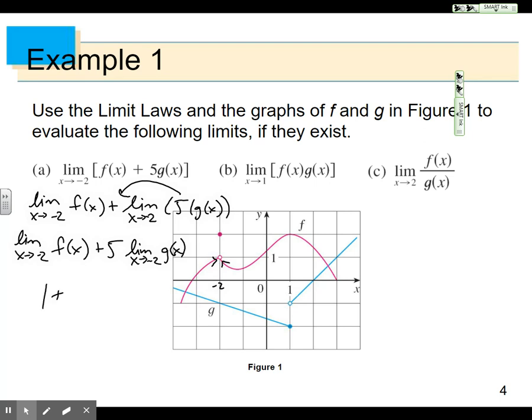So it's just going to be 1 right there, and bring down the 5. Then the limit as x approaches -2 of g of x, same spot right here, as you can see, I'm getting close to -1. So this problem is just asking 1 minus 5, so the limit of f of x plus 5 times g of x would be -4.